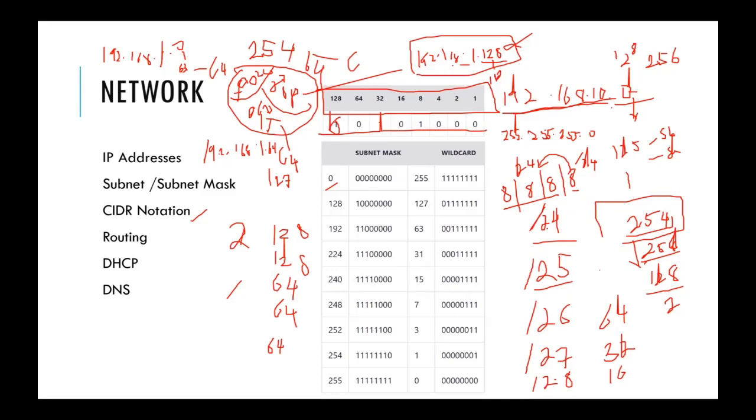But this is one approach where I could break my class C IP address into 4 blocks. I have 3 buildings and I use equal sizes of 64, 64, 64 for them, and I would have a single block left. But I may also want to optimize further based on the fact that that 64 block is too much for finance and ops, because finance has just 22 users while ops has got 20 users.